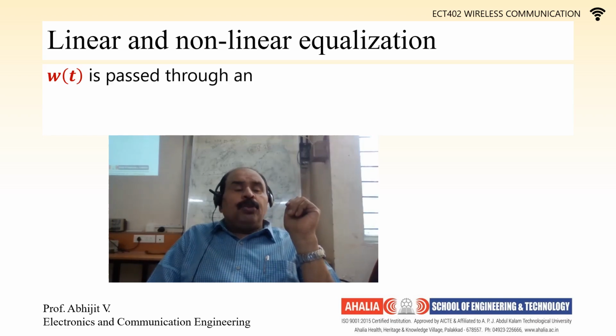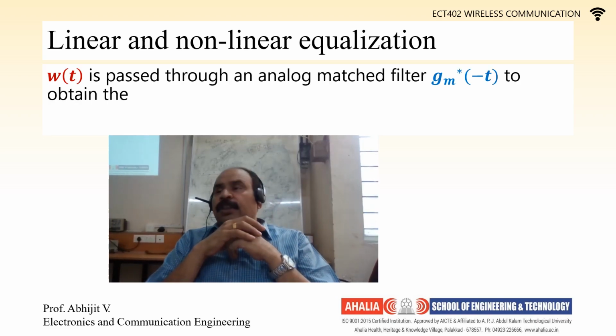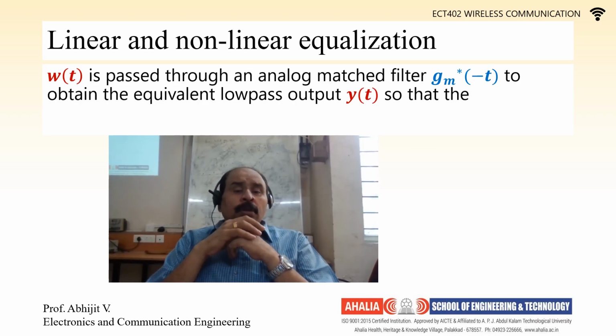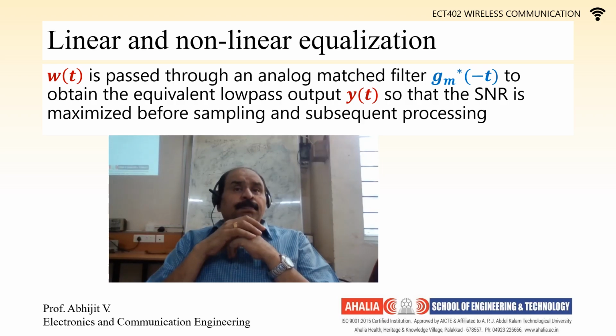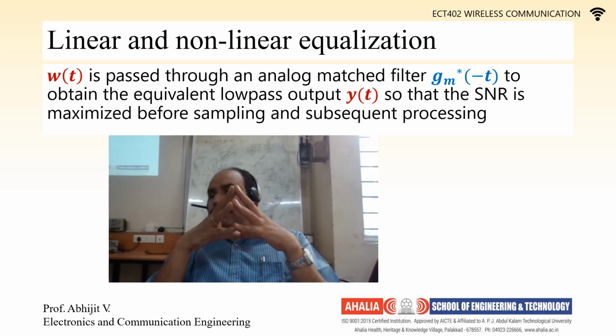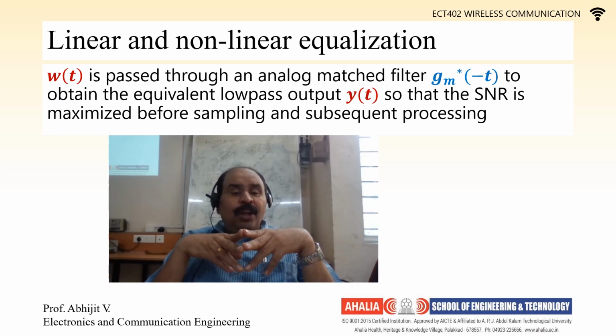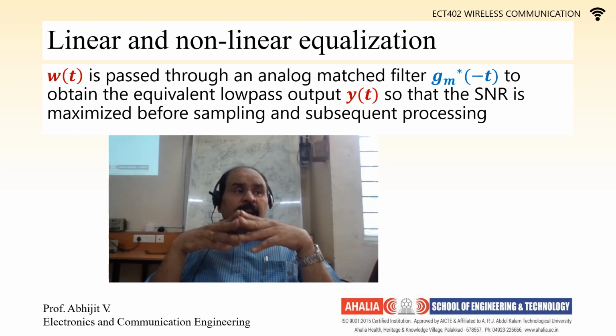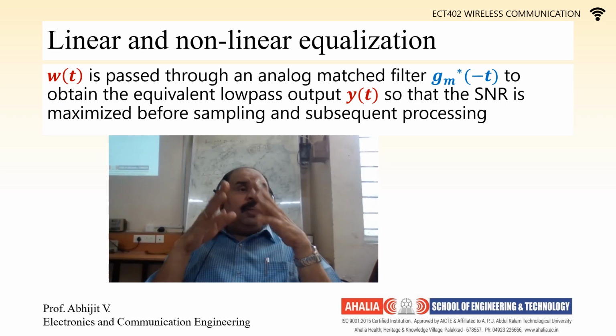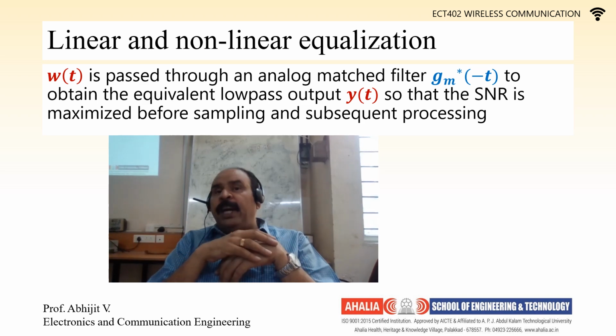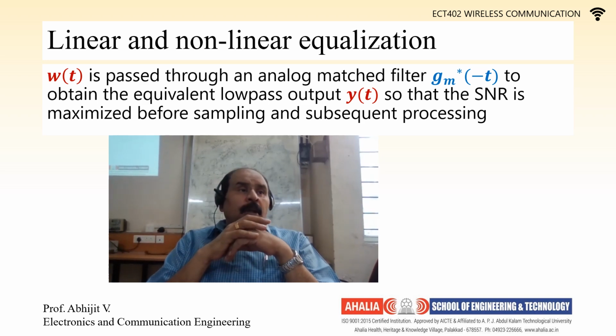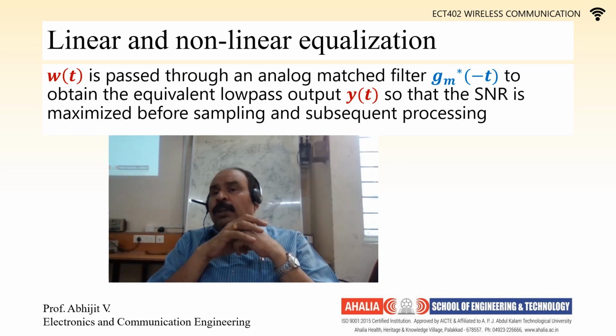So what happens to w(t)? This is where we give the input to the equalizer. This w(t) is passed through the matched filter to obtain a low pass equivalent called y(t), which is further sampled to obtain y(n), and this is what is given as an input to the equalizer.